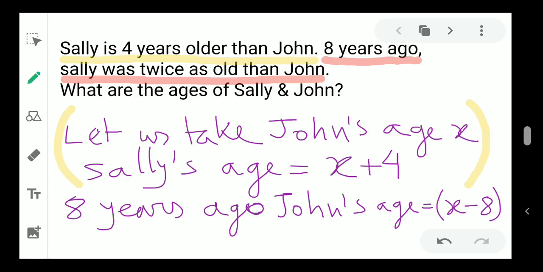So what is told now? 8 years ago, Sally was twice as old as John. So whatever was John's age 8 years ago, Sally was twice of that. If I multiply 2 with John's age, that will be Sally's age 8 years ago.